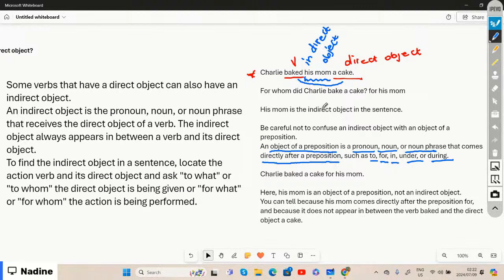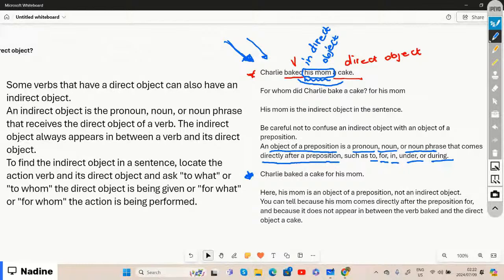If we look at an example, you can compare the example that we're going to make now to the first example where we correctly identified our indirect object.